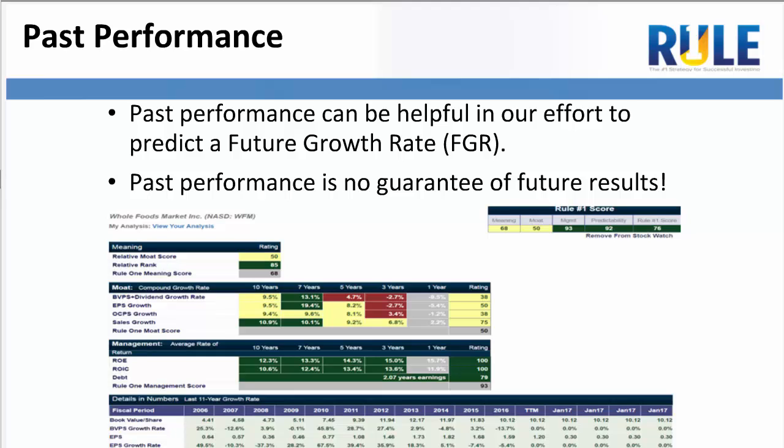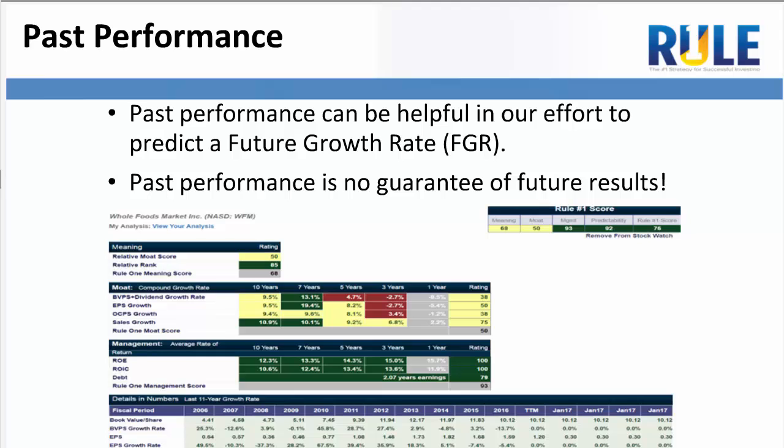Nobody can tell the future all the time, but we do the best we can to get a glimpse of what the future might look like, for instance, a company like Whole Foods, right? Things change. They had a great run for 10 or 20 years, but things are changing. They're getting more competition. Can we still figure out where this company might be 10 years from now?